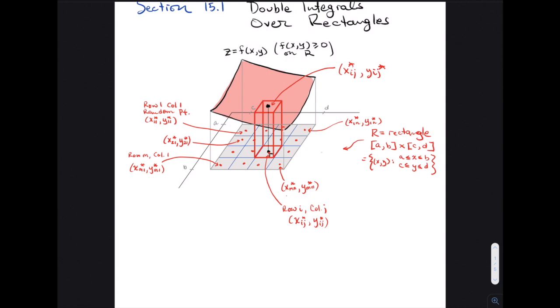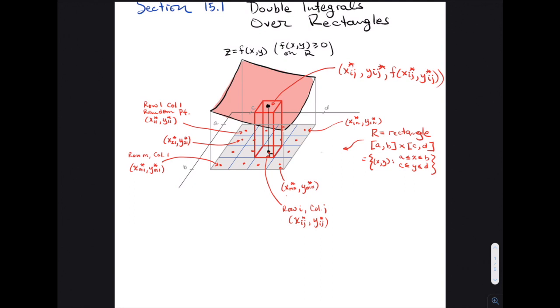Then, because z is f of x, y, the z-coordinate will be f of xij star, yij star. And of course, that gives the height of that rectangular prism. We have to find the volume of the prism and then sum this up for each of these subregions.